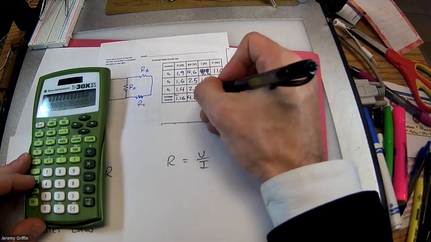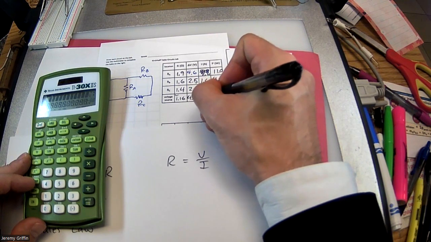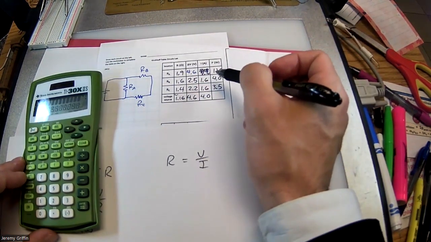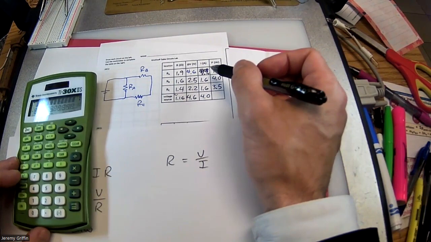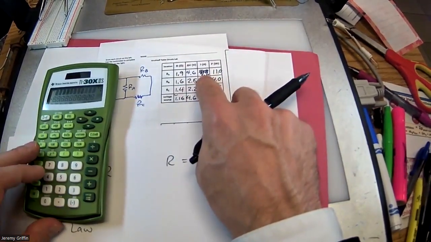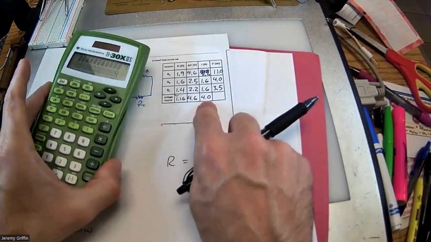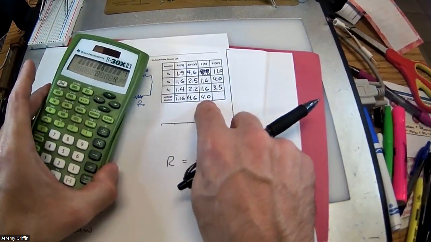V over R, this is Ohm's law. I'm getting 3.96, 3.9655. I'll call that 4.0. Alternatively, I could add the current from this branch to the current from this branch. So that's 2.4 amps plus 1.6 amps, which is also 4.0. Look at that, two different ways.